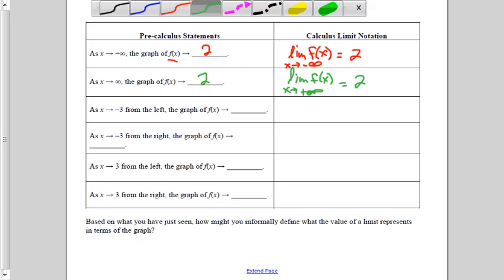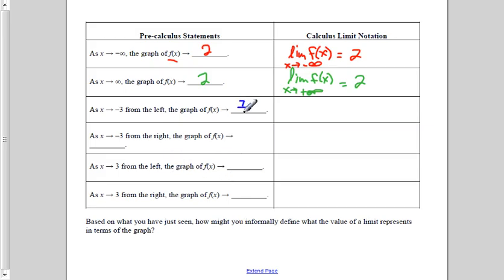Okay, let's look at x approaching negative 3 from the left. That's going towards the hole. I know the graph of the function is going to be approaching 7/6. So now we say the limit of the function as x approaches, here's our notation, negative 3, and instead of saying to the left, we just write from the negative direction.